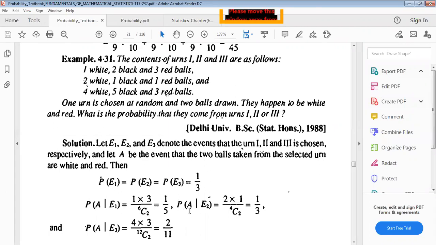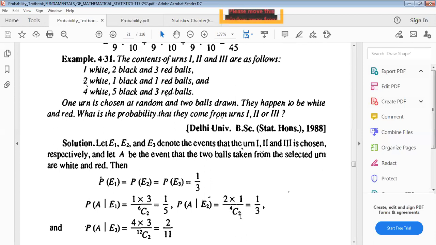Similarly, probability of A by E2. Now in the second urn, white how many? 2. Multiplied by red, how many? Red 1. And total balls, how many? 4.